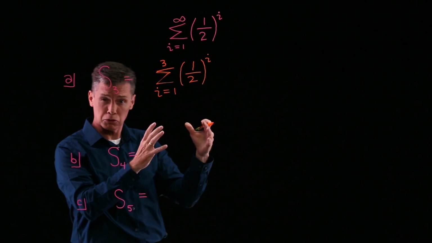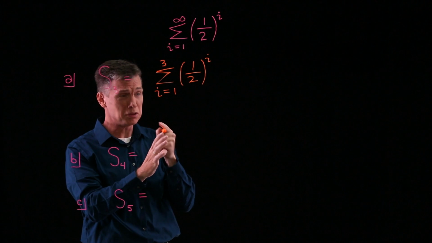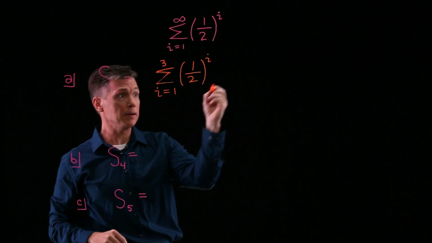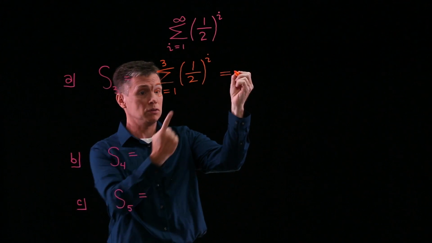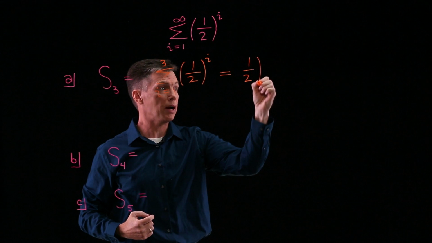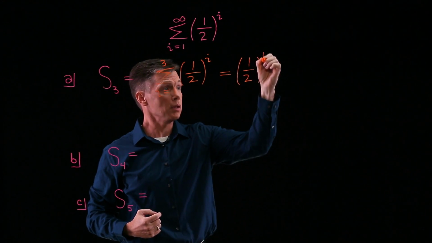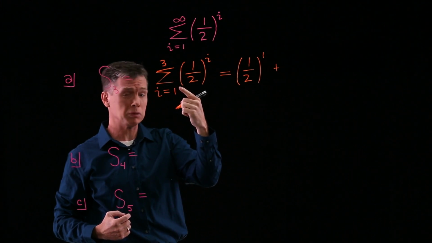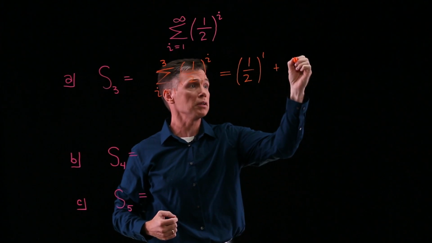And that becomes one of those smaller scale problems that I'm sure you've done some on your own, is we're just substituting the values for i. Let's go ahead and do that. Start at 1, 1/2 to the 1 power. A plus sign, and that's from the sigma concept, right? We're summing up a bunch of things.